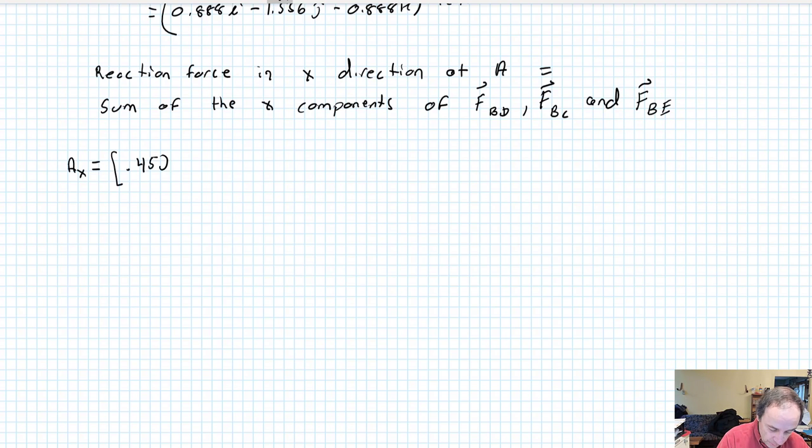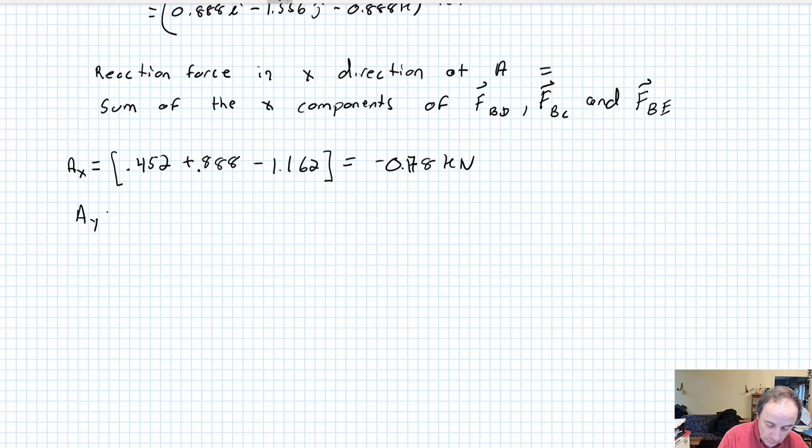4.452 plus 8.888 minus 1.162, and that's minus 0.178 kilonewtons.